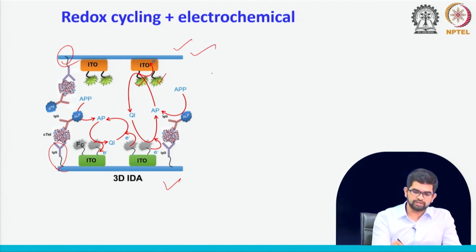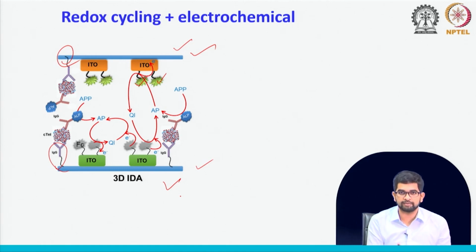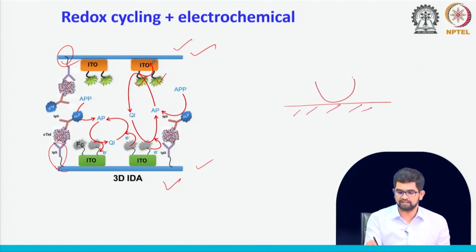These are two interdigitated array electrodes. One behaves as an anode and one behaves as a cathode, where we apply a positive potential on one and a negative potential on the other. This is just an example of a different design we can make, rather than one sensor surface and then redox cycling.